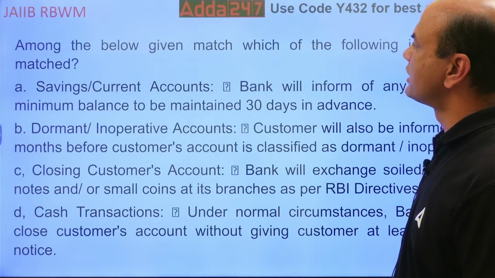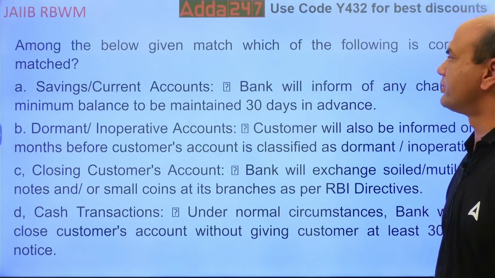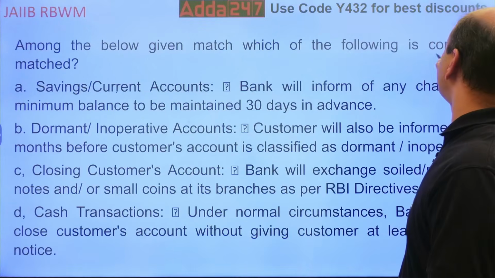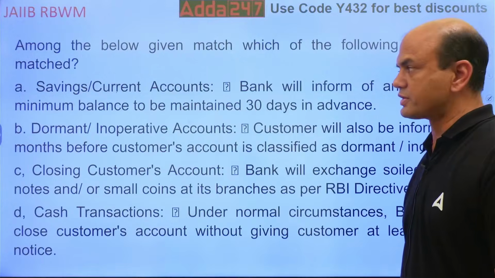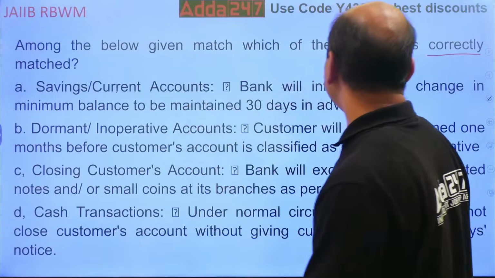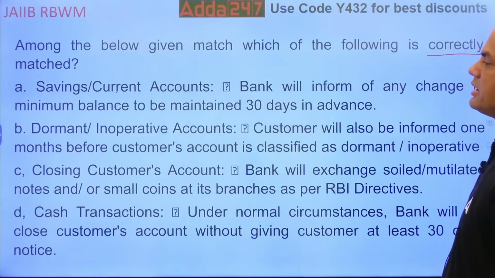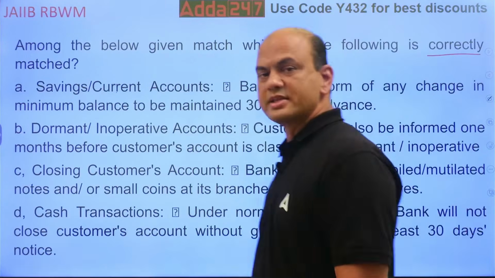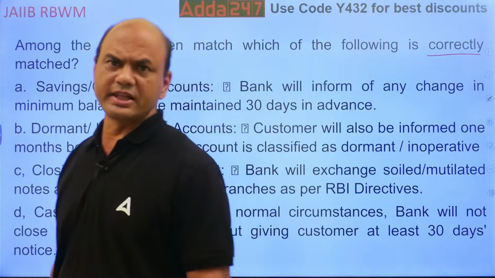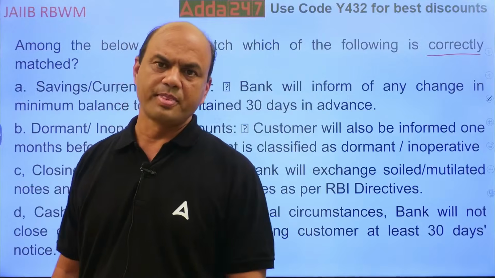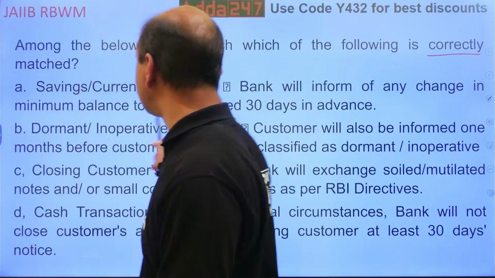Among the below given, which of the following is correctly matched? So you want correctly matched. Saving current account: bank will inform of any change in minimum balance to be maintained 30 days in advance. So if my bank is changing the minimum balance criteria, let's say earlier it was 5,000, now I am making it 10,000, I must inform the customer 30 days in advance.